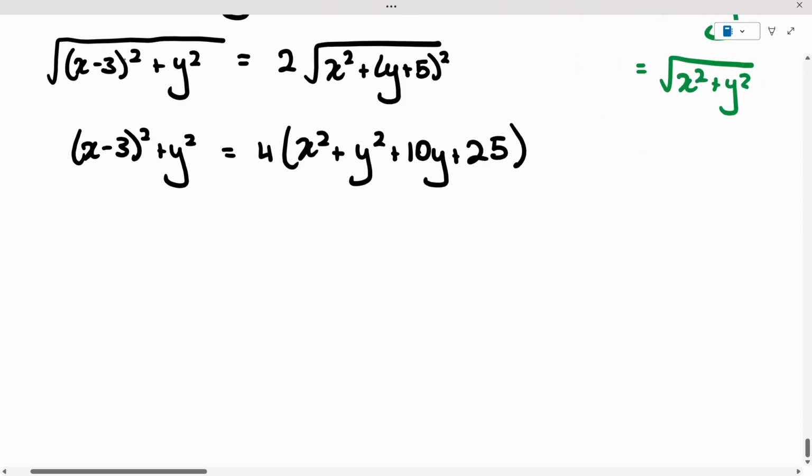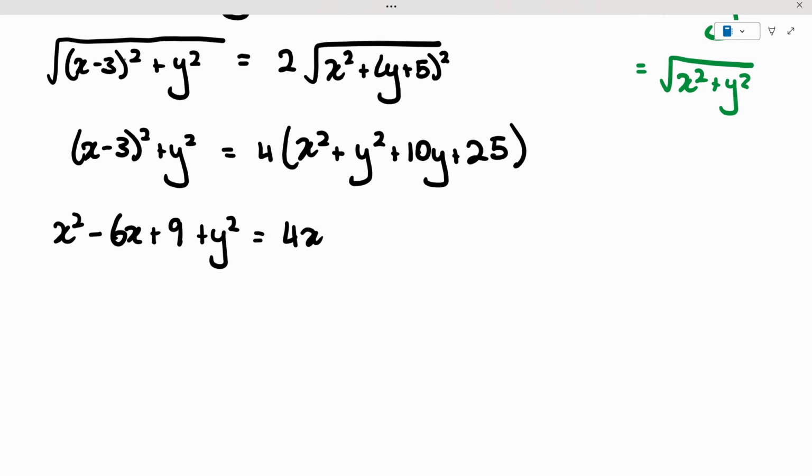So this will give us x squared minus 6x plus 9 plus y squared is equal to 4x squared plus 4y squared plus 40y plus 100. And we can bring over everything over to one side, so 0 over here.